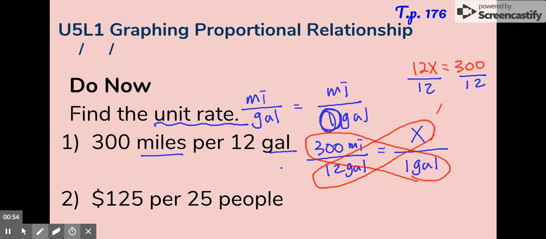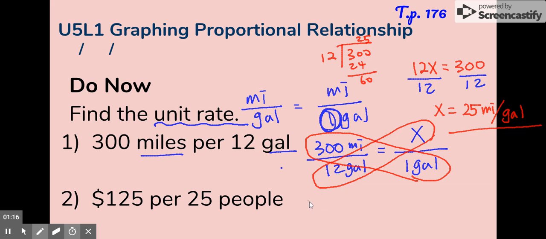So x is equal to 300 divided by 12. So it's going to be 2, 24, 60, and 5. So 25 miles per gallon, per 1 gallon. This is going to be the unit rate for number one.